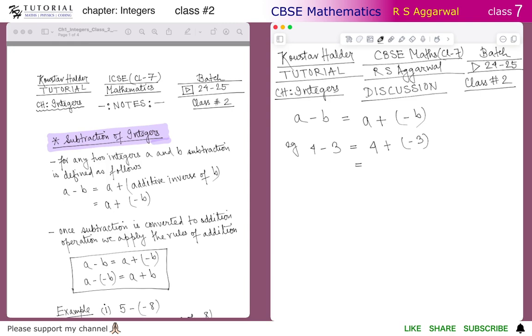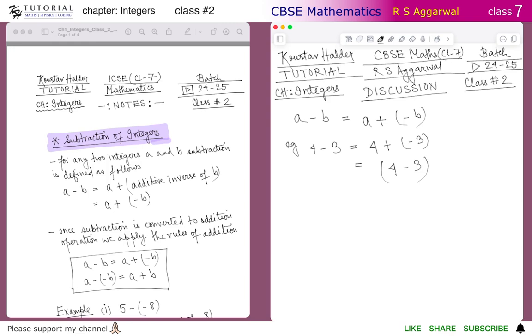numerically greater integer. So over here the integers we are adding are 4 and minus 3. The numerical value of minus 3 is 3 and the numerical value of 4 is 4. So we subtract the lesser numerical value, that is 3, from 4. And what will be the sign of this result?